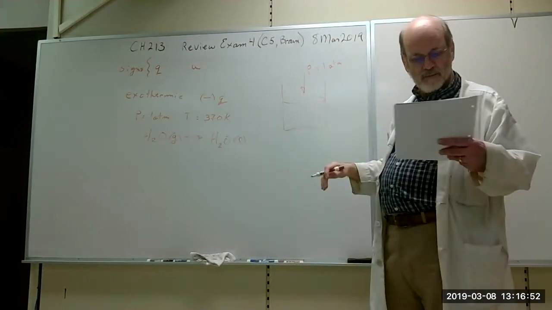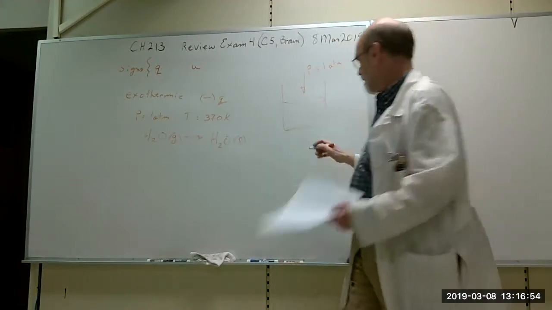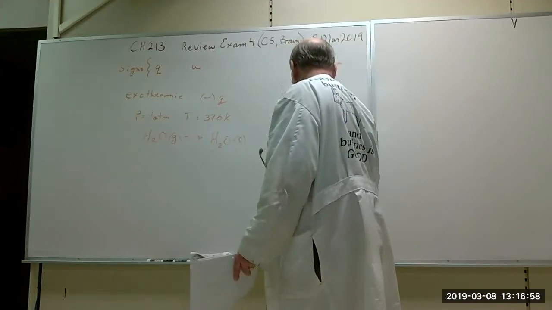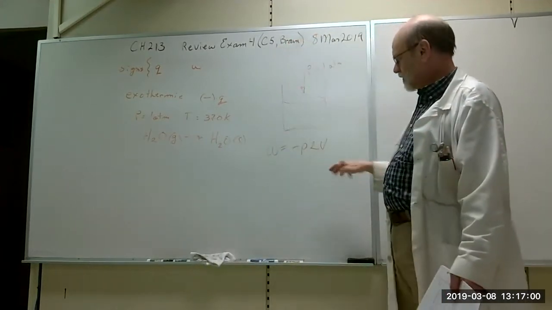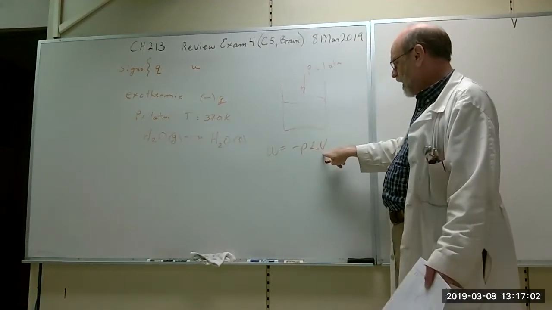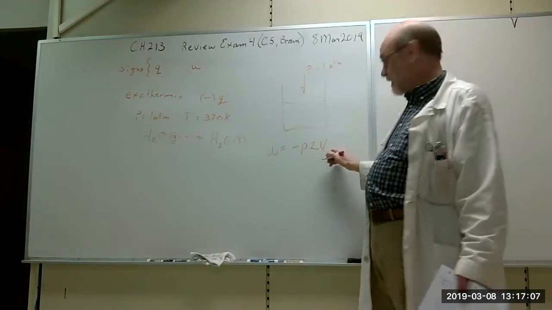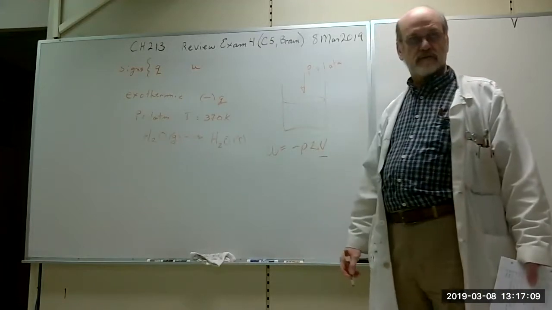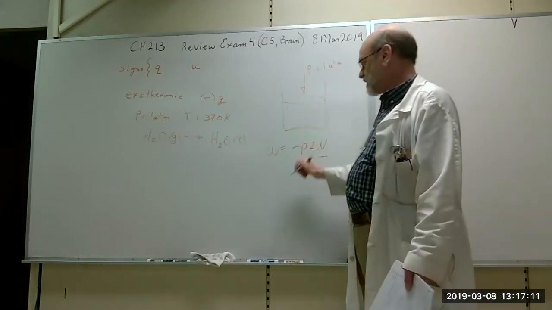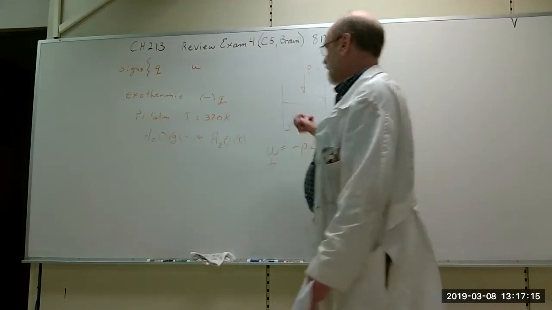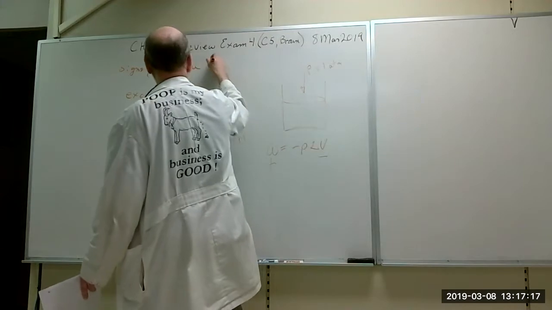So remember, the expression work equals minus pressure times change in volume. Pressure is constant. The volume is decreasing, so that means it's negative. And a negative times a negative is positive. So this one is going to be positive.